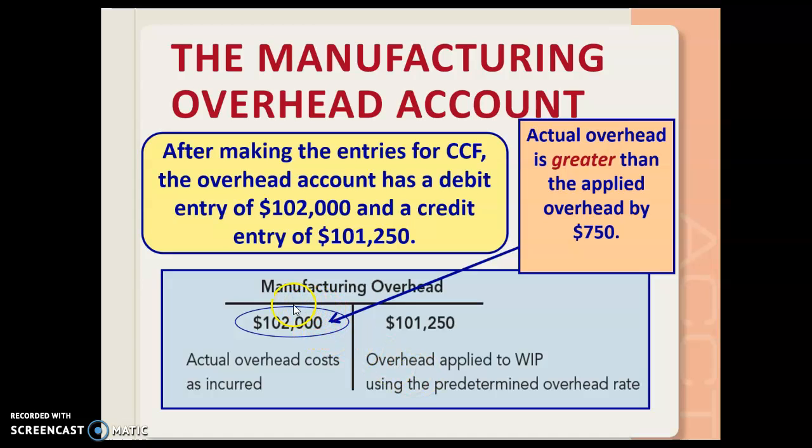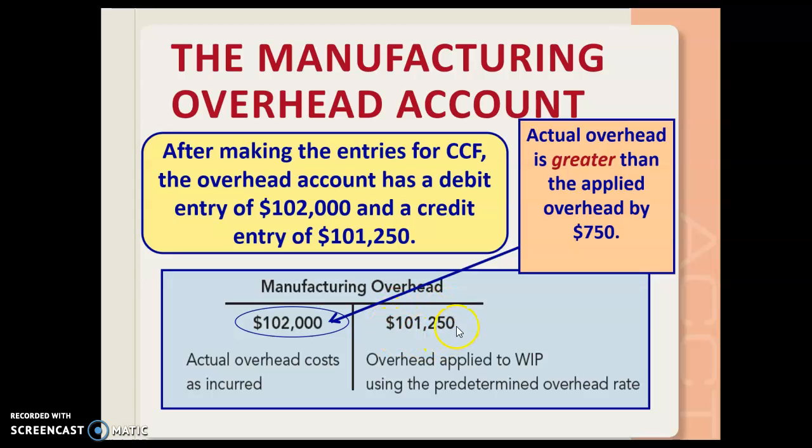Now, the amount that's in the debit side, our actual overhead costs, is more than the amount that we applied, by $750. Okay, so we have more actual than what we applied.